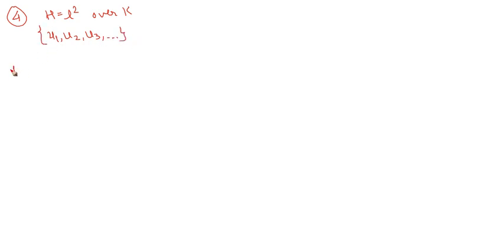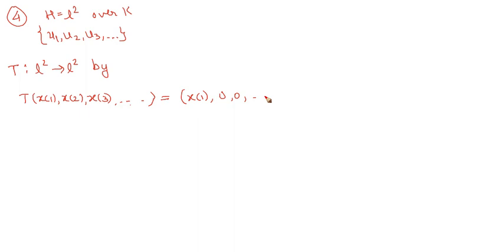And now let us define T from L2 to L2 as follows. Take a general element x1, x2, x3 in L2. Suppose I define T of this as only x1, and the rest are 0.